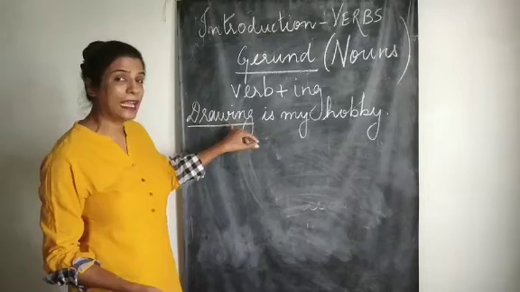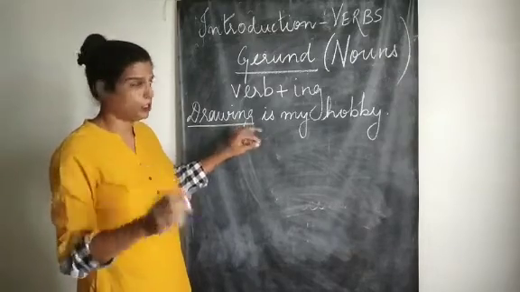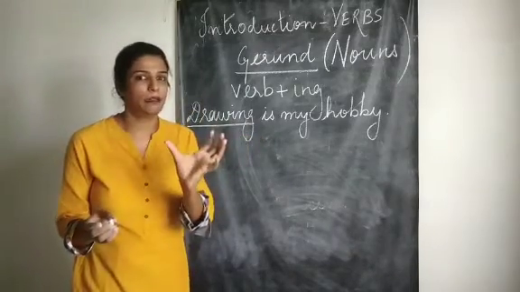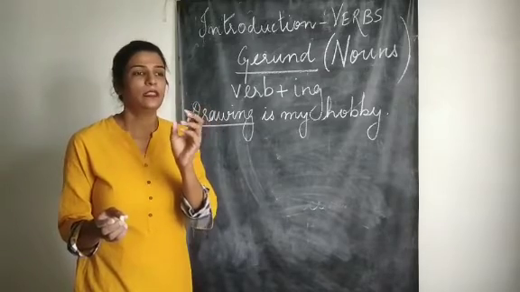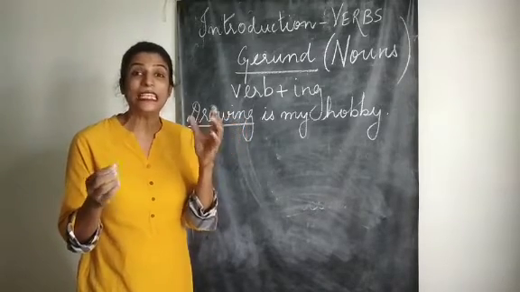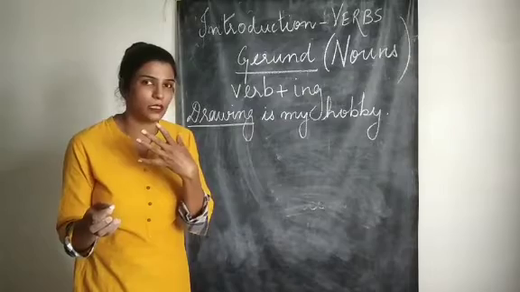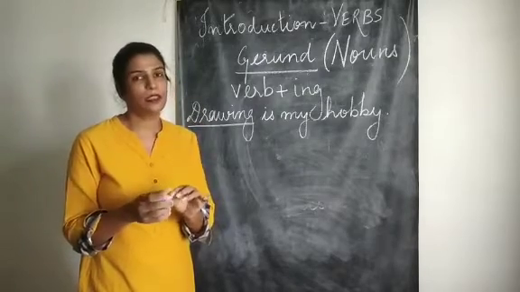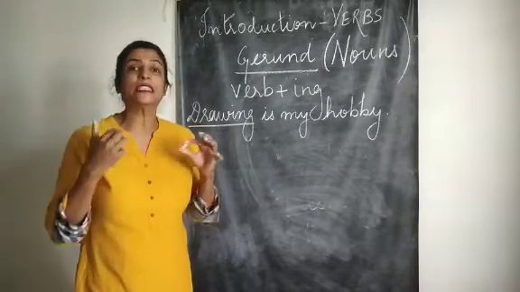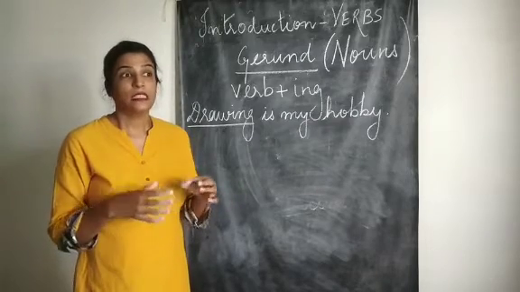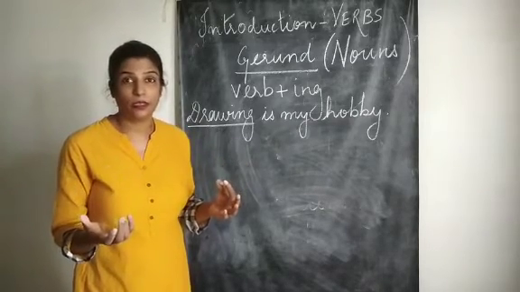But why is this acting like a noun is the question. The word drawing is being used to give a name to an activity. If I say drawing, you know that the activity's name is drawing. Singing is my passion.